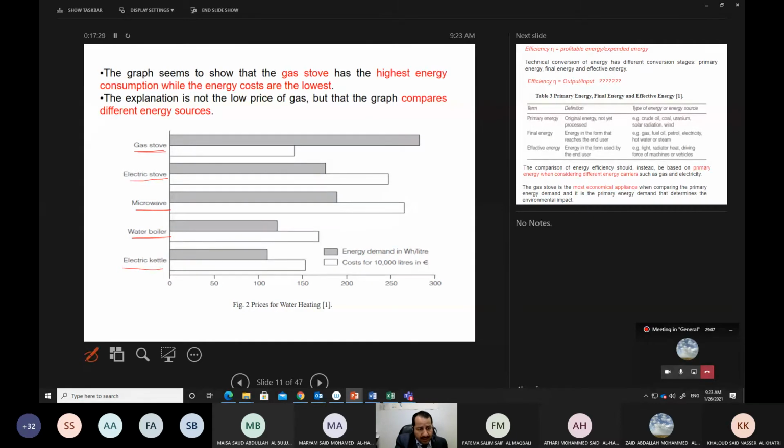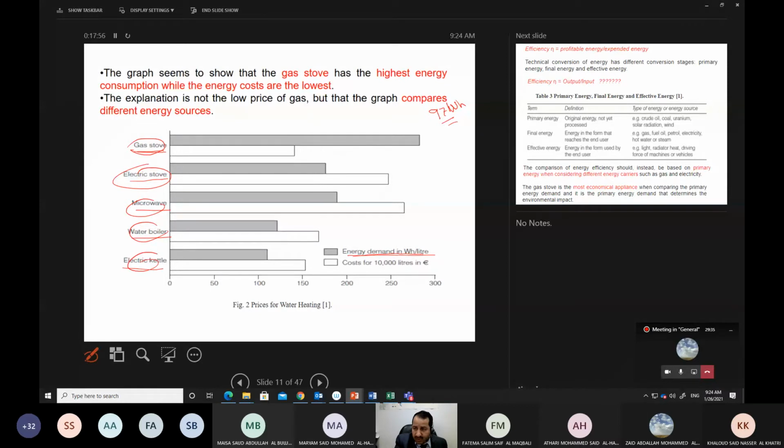Now here I will compare. The shaded one is the energy demand in watt hour. It means, to get the 97 watt hour, how much energy I need by each one of these methods. This is called energy demand in watt hour per liter.